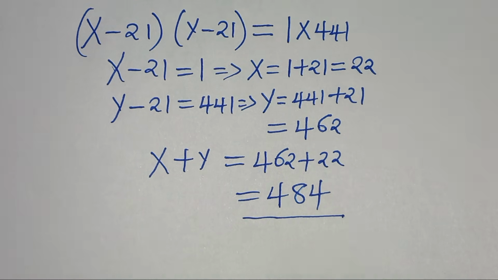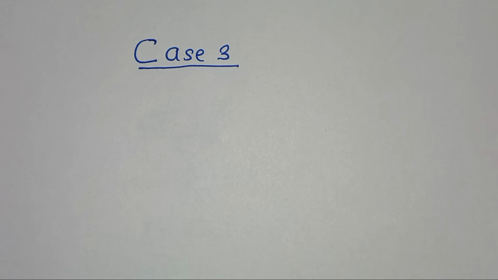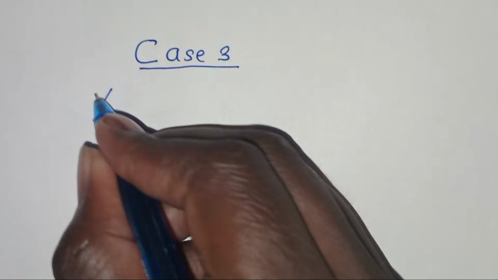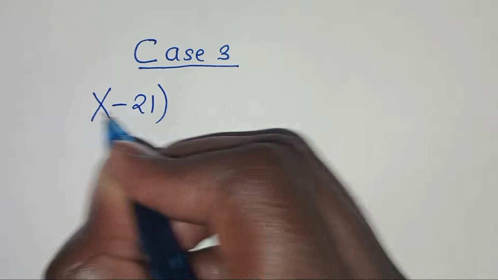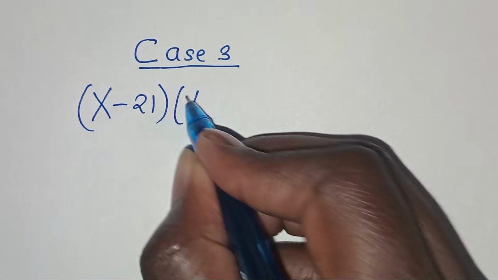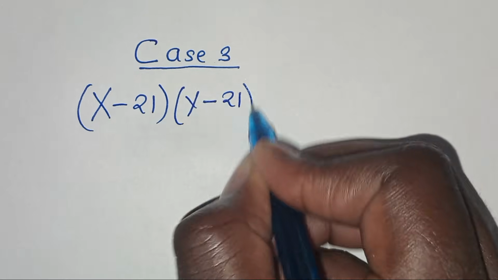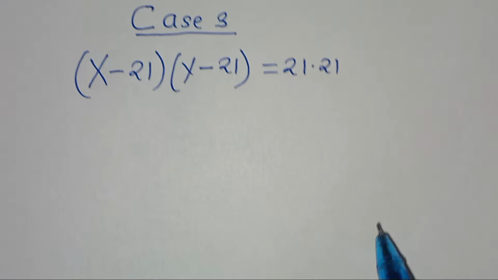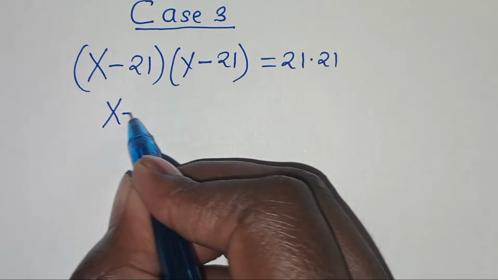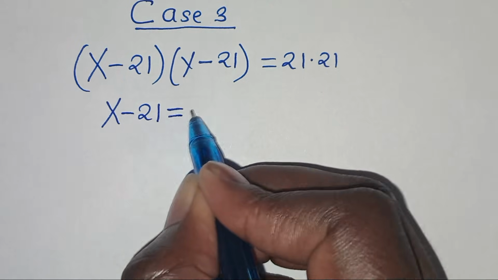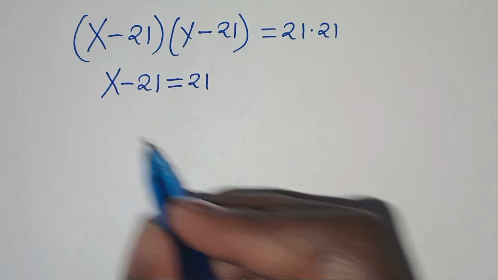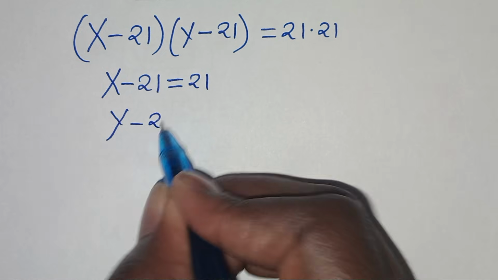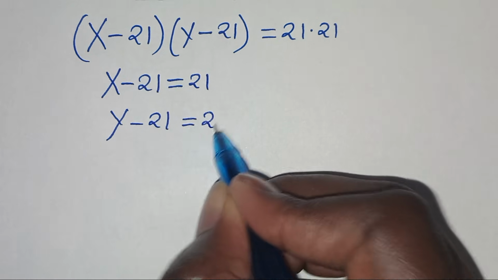Let's move to case 3. In case 3, we have x minus 21 multiplied by y minus 21 equal to 21 times 21. In this case, x minus 21 is equal to 21 and y minus 21 is equal to 21.